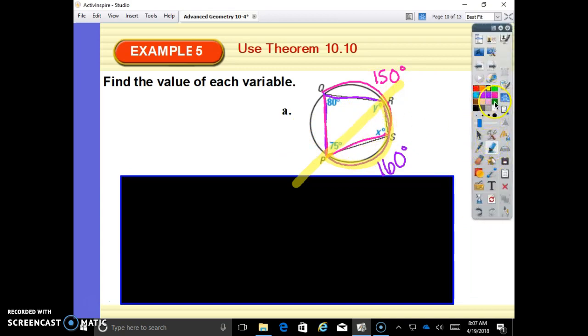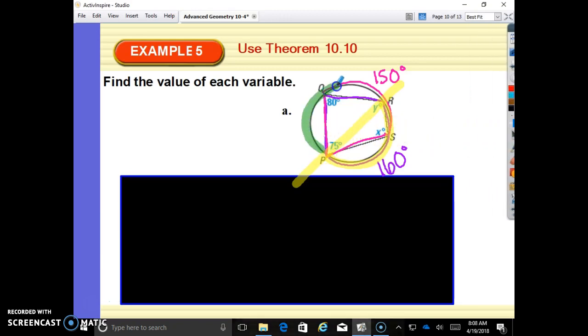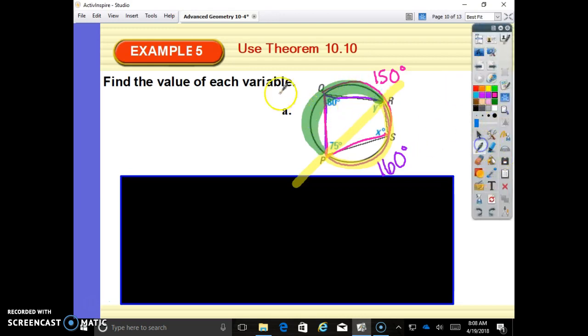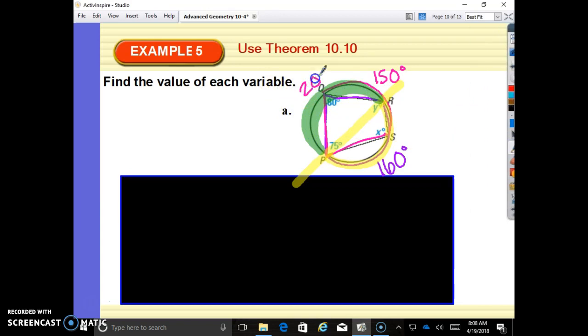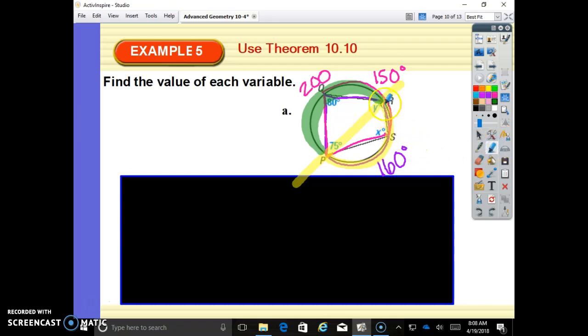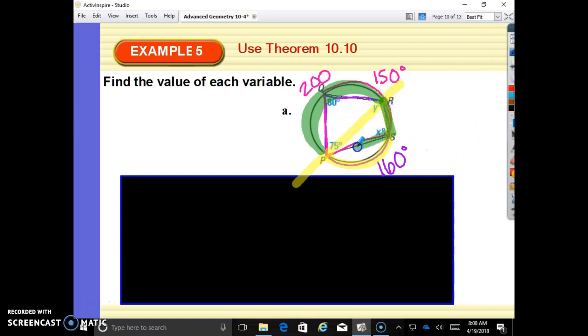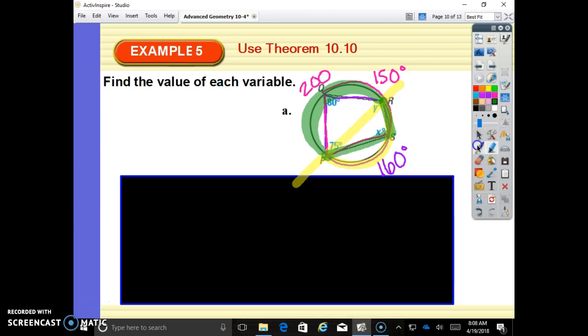That's 160, therefore over here must be what? 360 minus 160 is what? 200. 200 plus 160 is 360. So if this is 200, well then isn't the angle across from it half that? 100, right?